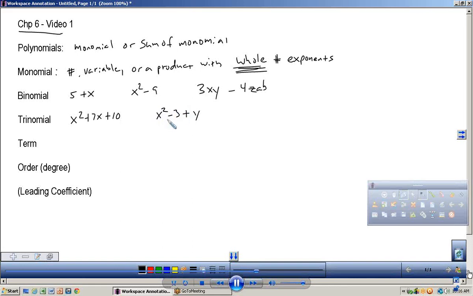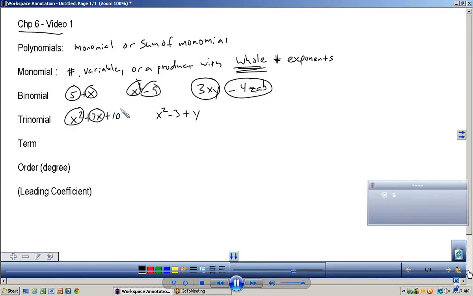Terms are separated by the plus and minus, which brings us to the next question: what's a term? A term is each individual monomial in a polynomial. So I'm going to circle each individual term. The sign goes with the term. So the first term is 3xy, the second term is negative 4zab. The first term is x squared, the second term is 7x.